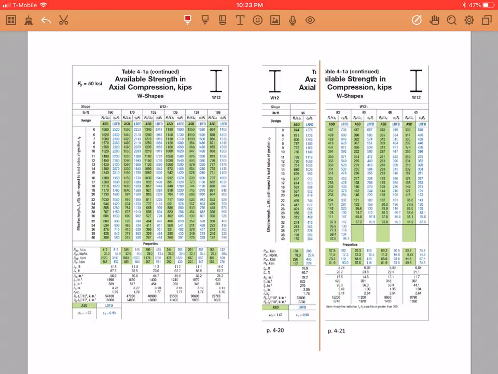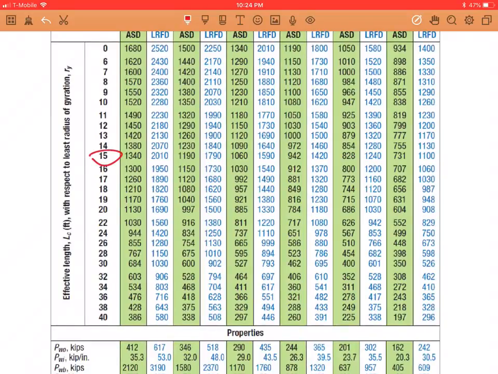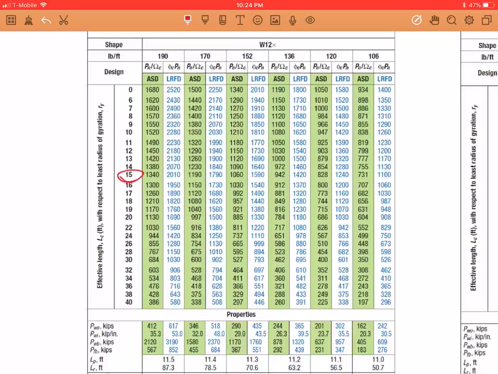So again, suppose that weak axis controlled and KYL is 15 feet, and our PU is 1100 kips. Well, it looks like we happen to have a W12 by 106 that would be the winner in terms of a column section.